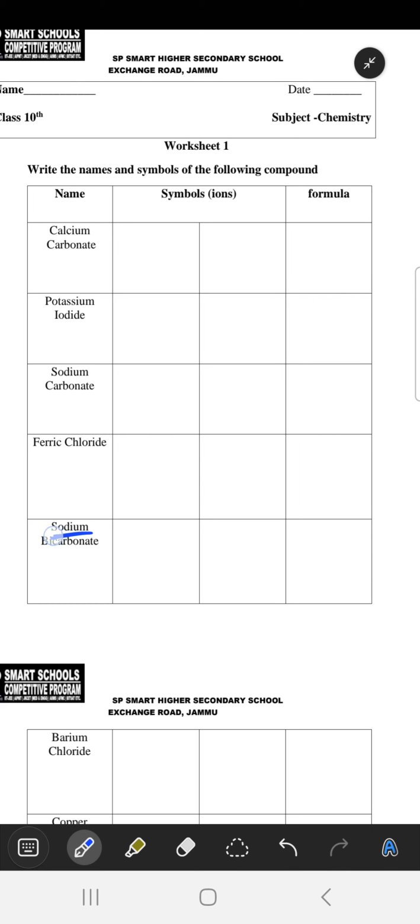Next we have sodium bicarbonate. For the sodium, we have Na positive, and for the bicarbonate ion, we have HCO3 negative. Combining these two, what we get is NaHCO3.